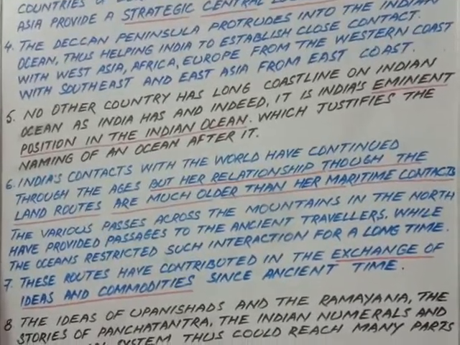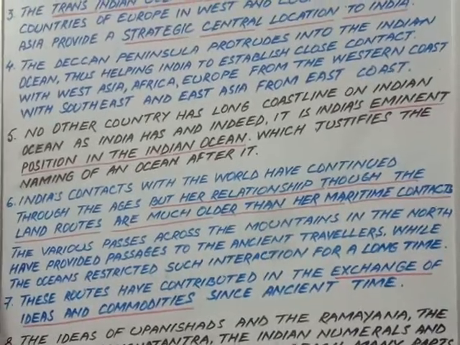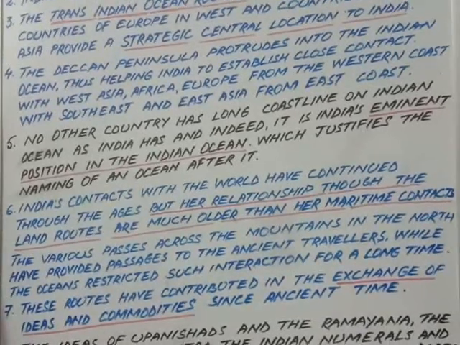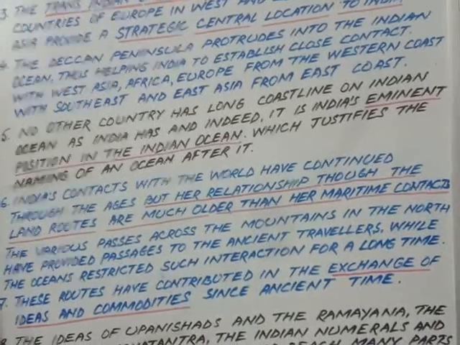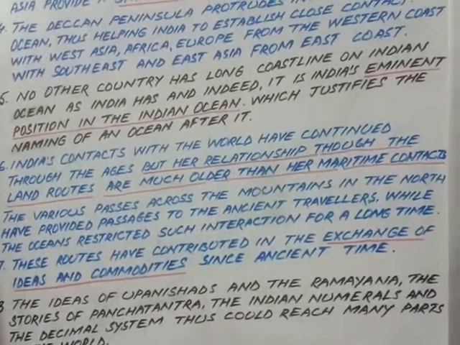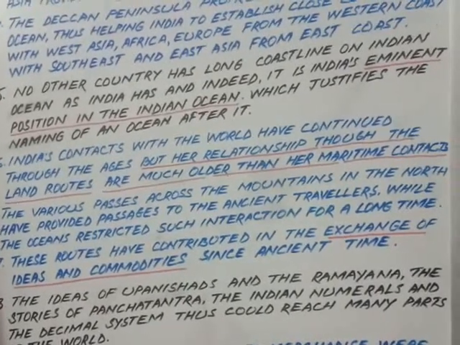But this type of travel to India was restricted somewhat by the oceans, because it was not easy to cross the oceans as such. Number 7, these routes have contributed to the exchange of ideas and commodities since ancient times.